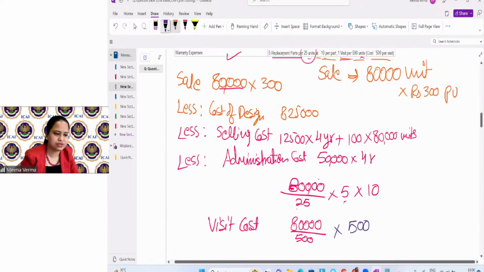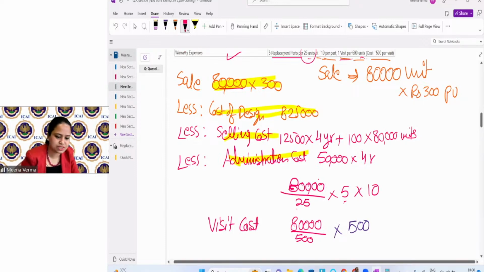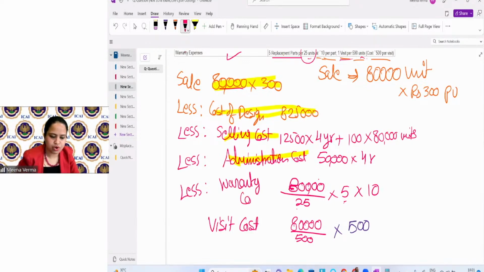So you will consider the total sale value. Subtract the cost of design, the selling cost, the administration cost, and the warranty expenses. In the case of warranty cost, there is some replacement and some visit cost. For example, I have purchased an air conditioner and it is not in working condition.